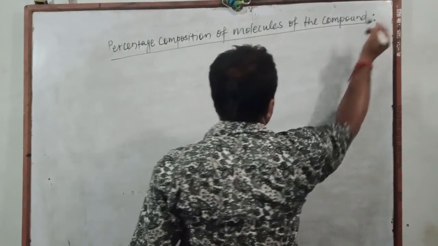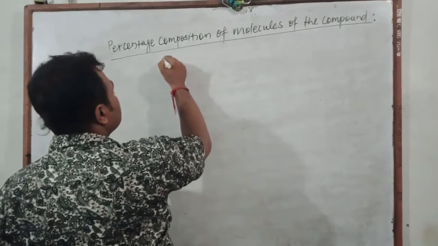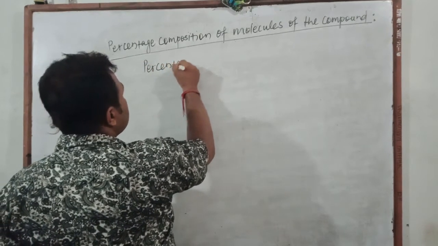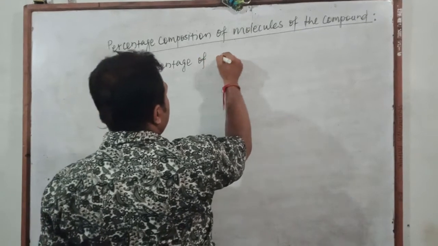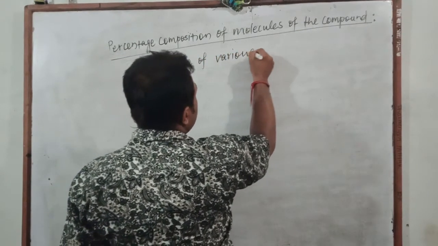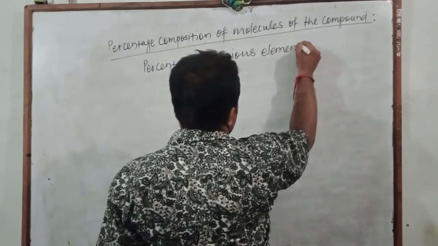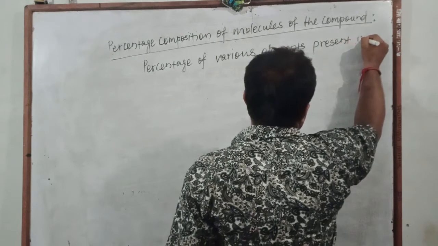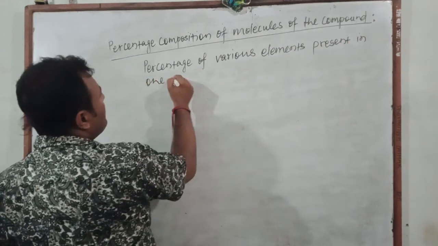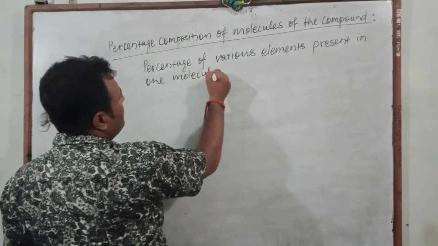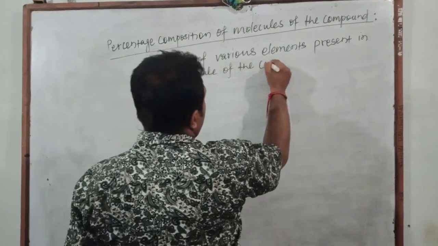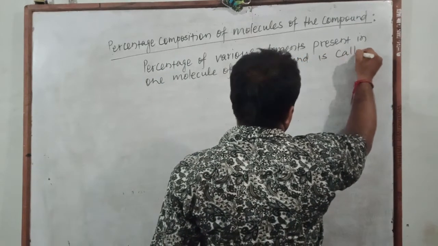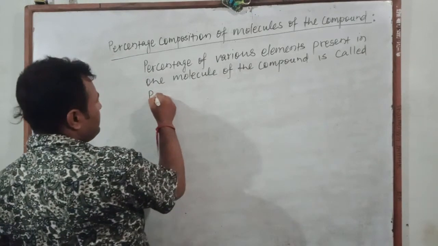Here we write: the percentage of various elements present in one molecule of the compound is called percentage composition.